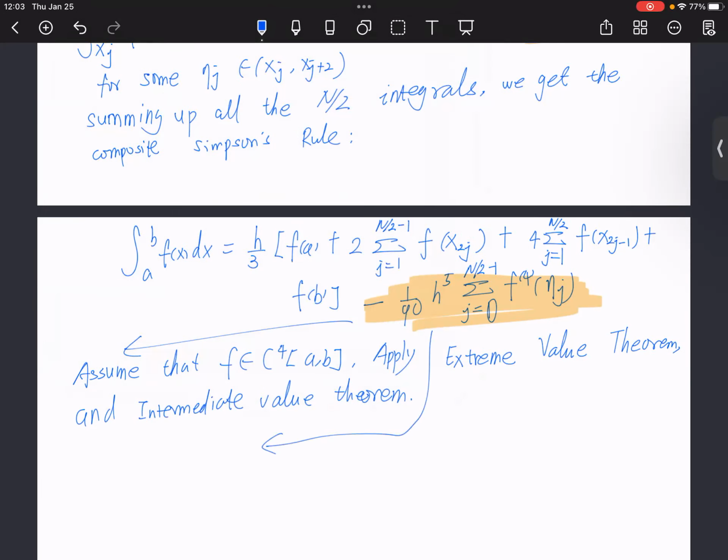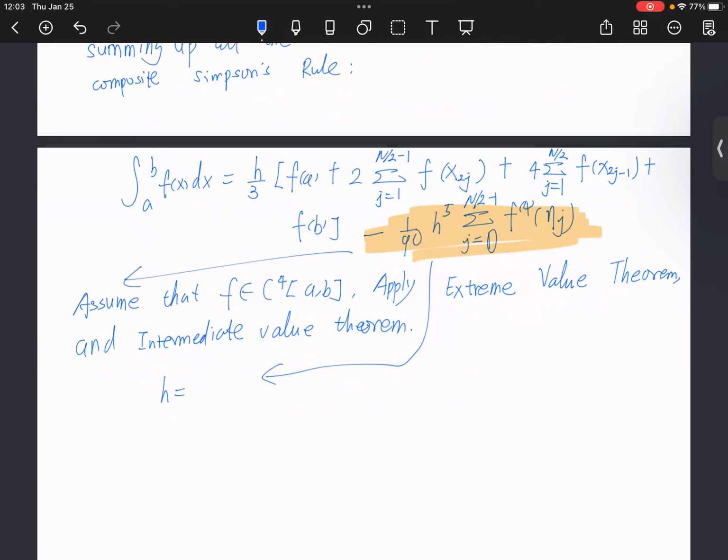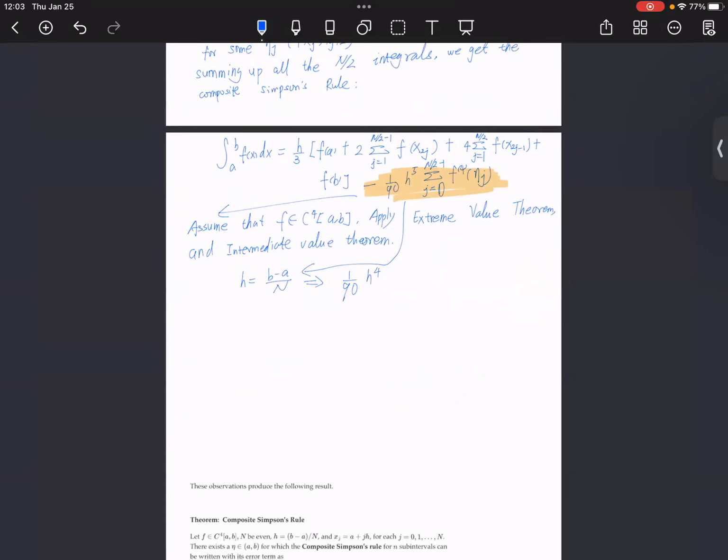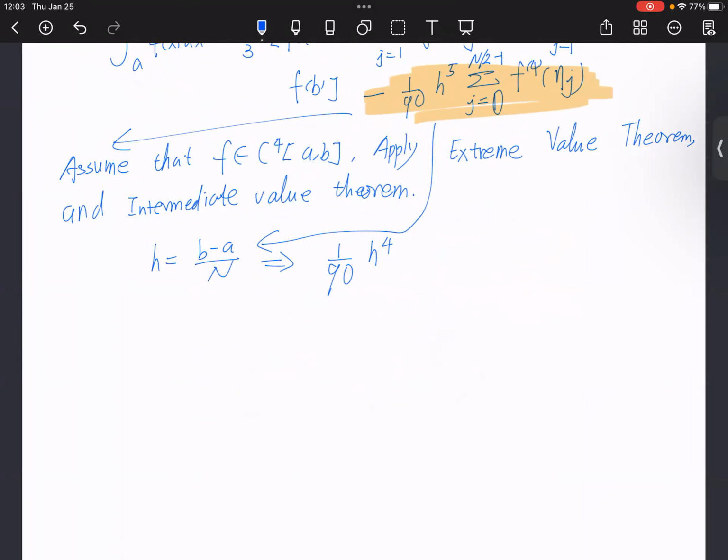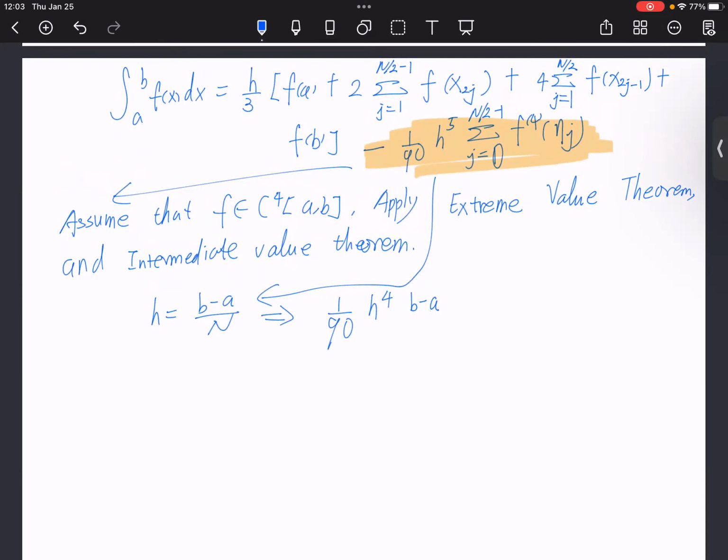Once again, what is the h? h equals b minus a, and then divided by n. So we have 1/90 and h^4, and then b minus a divided by n, and then the sum from j equals 0 to n/2 minus 1 of f^(4)(eta_j).